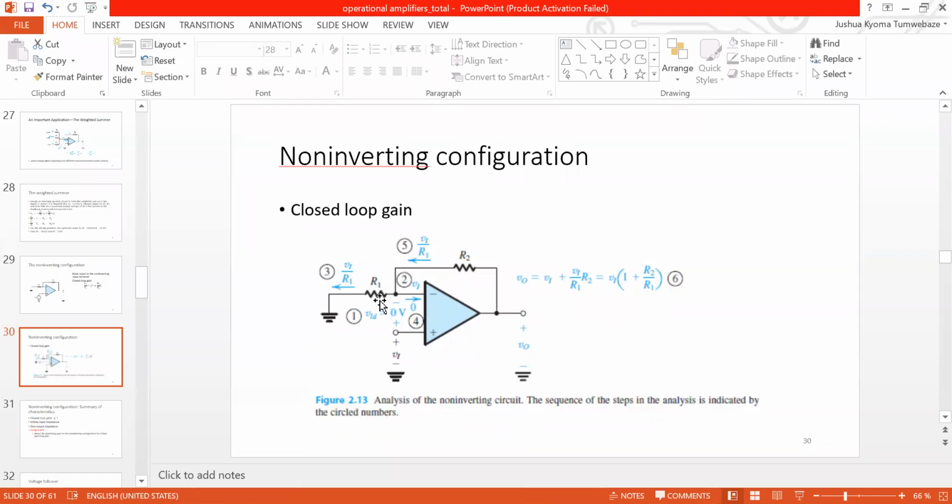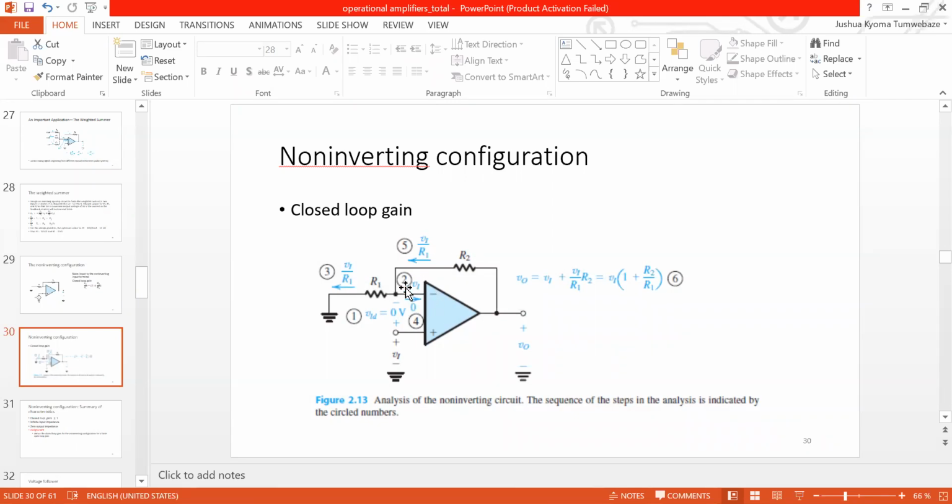It's flowing from the op-amp through R1 to ground. That is why, when we write our expression for the current, it is VI over R1. So that is step 3.